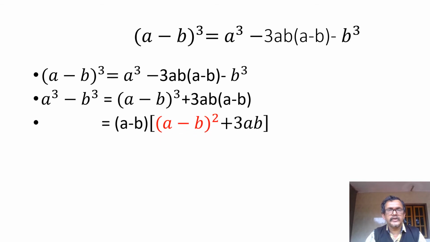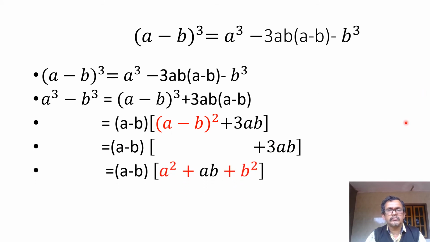Now a minus b is common, so take a minus b outside. Then a minus b whole squared remains, plus 3ab remains. Expand a minus b whole squared, which equals a squared minus 2ab plus b squared, plus 3ab.